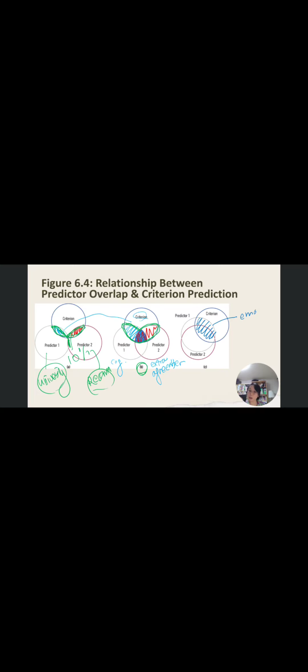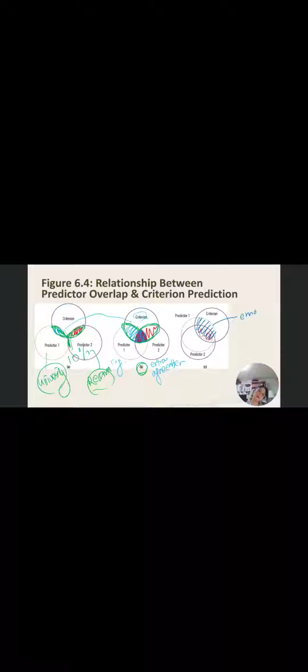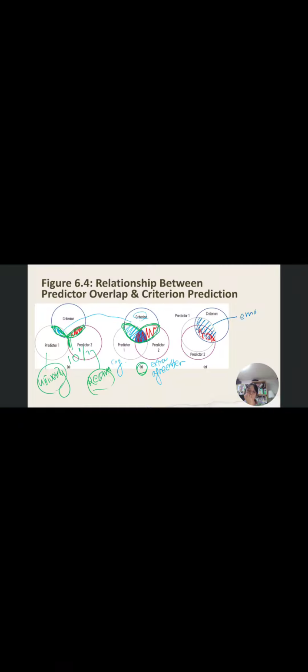So that's good, right? Predictor 2 also does overlap with the criterion, the job performance. Here. So it looks pretty good, right?